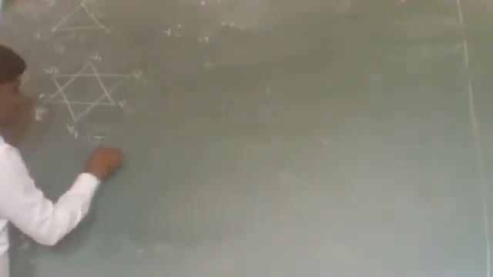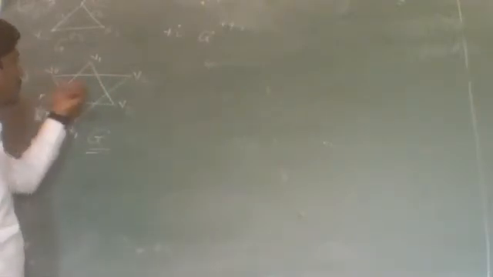So this one is the graph G with 6 vertices. Now in the complement of graph G, we have to adjoin all those vertices which are not adjacent in this graph G. Here vertex V1 is adjacent with V2, V3 and V5.